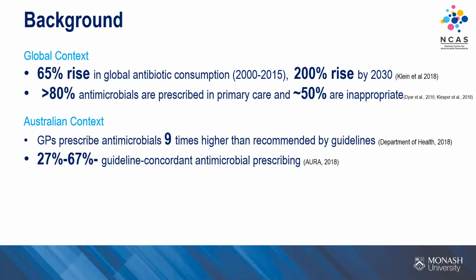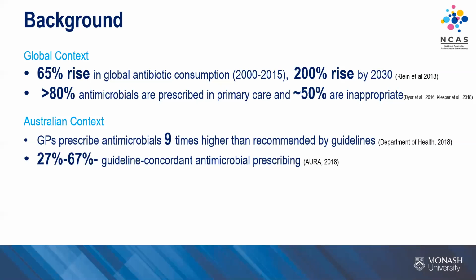And therefore, AMR is really a community risk. Australian GPs prescribe antimicrobials 9 times higher than recommended by guidelines. And these problems can be mitigated many-fold if GPs and pharmacists could work together, and honestly, if the healthcare system supports it in that way.